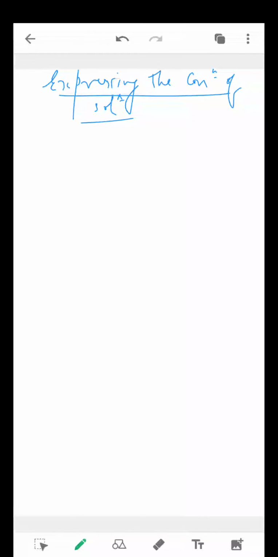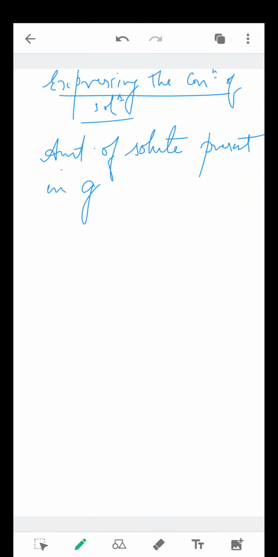The composition of a solution can be described by expressing its concentration. The concentration of solution may be defined as the amount of solute present in a given quantity or amount of solution. This is how concentration is defined.